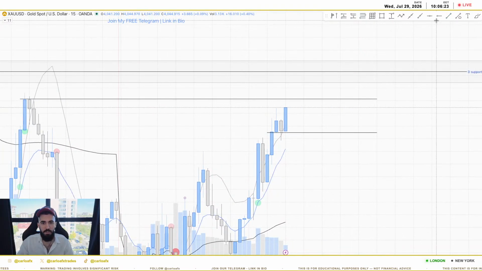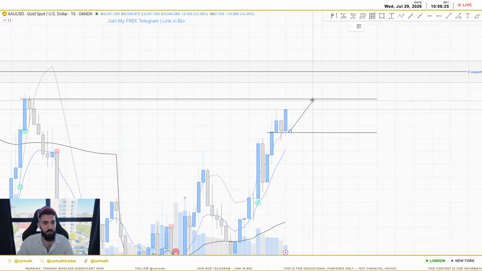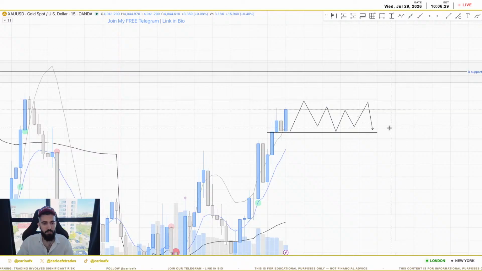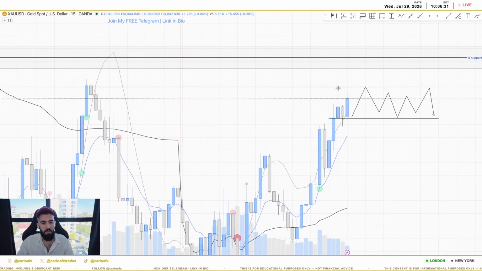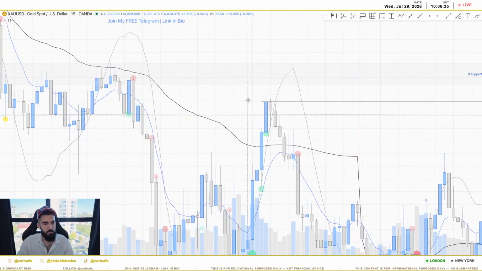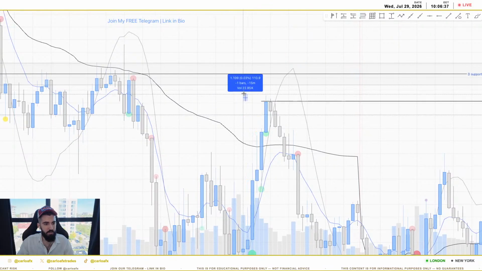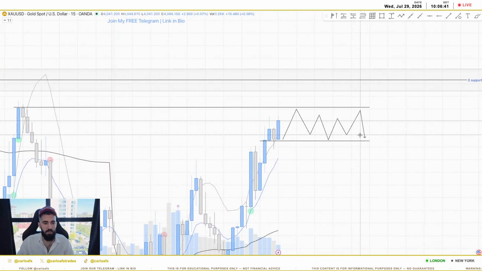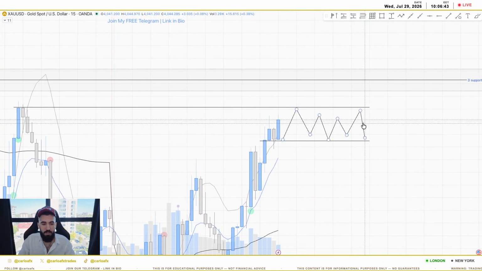So price can play up and down here until it breaks, hopefully, the support. Because going with the resistance is a little bit risky right now.